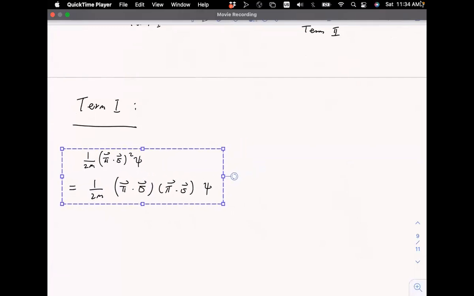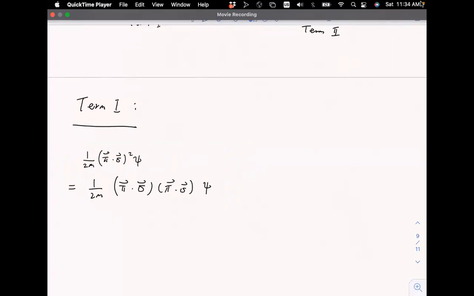Okay, so how do we solve this? We are going to use this equation. Okay, so A and B are vectors, and the sigma are matrices.